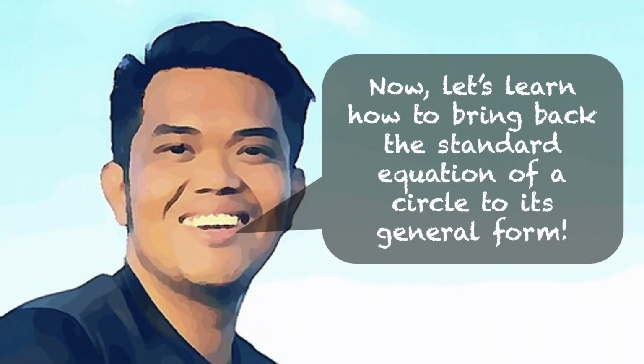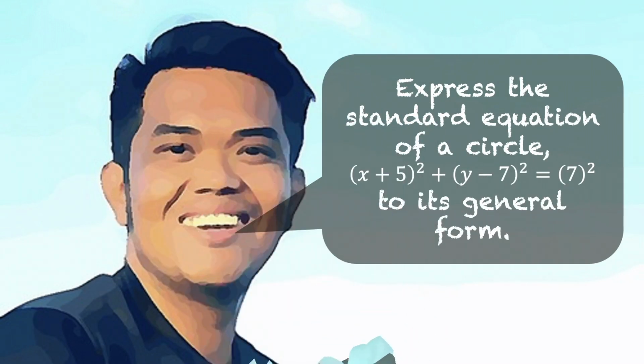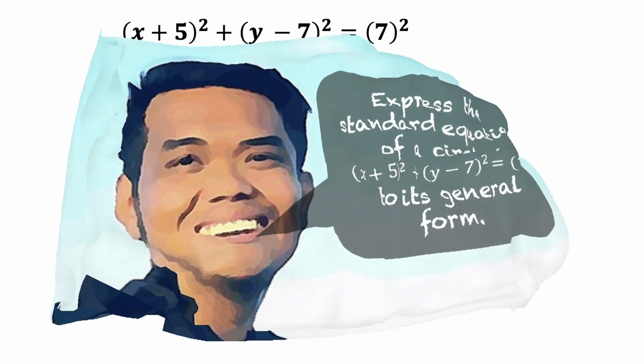Now, let's learn how to bring back the standard equation of a circle to its general form. To do this, we will use the formulas for expanding the square of a binomial. In addition, I also came up with suggested steps you may wish to follow if this task is something new to you.